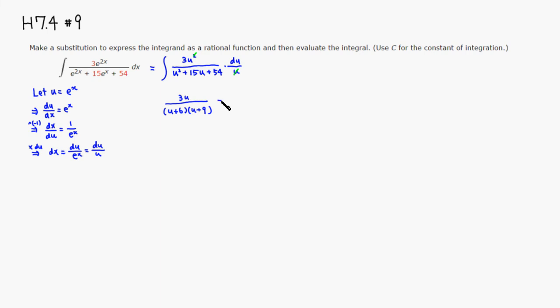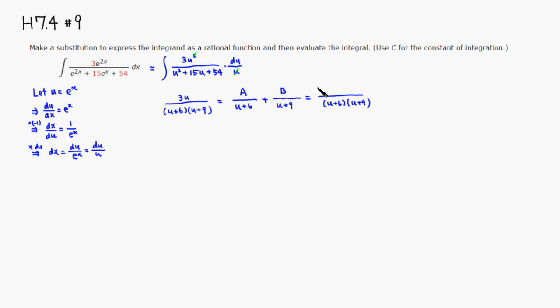Alright, so this is going to be equal to, as usual, since these are distinct linear factors, we can just split it as A over u plus 6 and B over u plus 9, and put them back together. So you have A times u plus 6 times u plus 9.